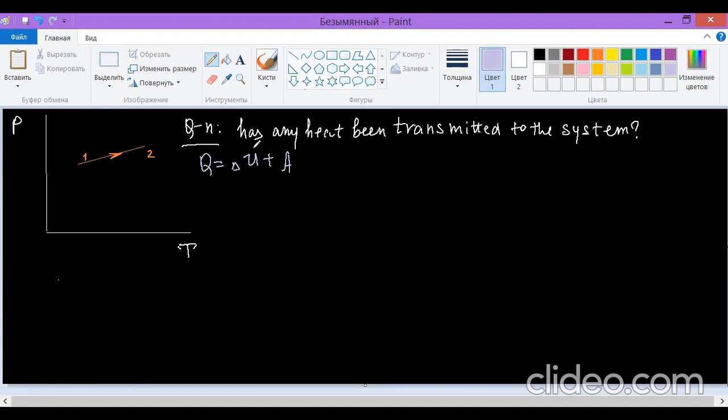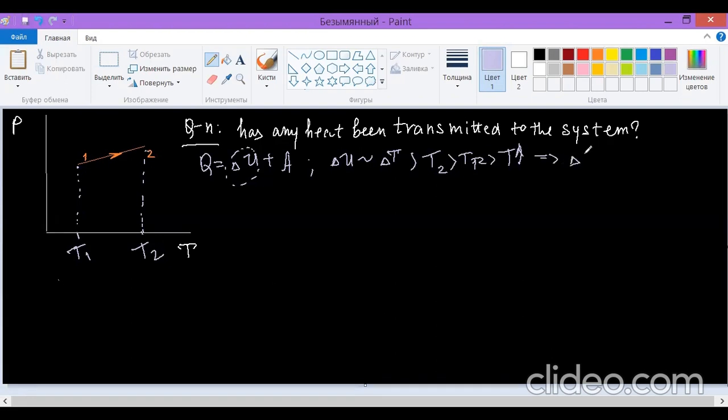Let's find out what conclusion we can make about delta U. We understand that delta U is proportional to delta T, where delta T is the change in the temperature of the system. This is temperature 1, and this is the value of temperature 2. We see that in this process, T2 is more than T1, which means that the temperature rises, and that means only one thing: delta U is positive, which means that it goes up.